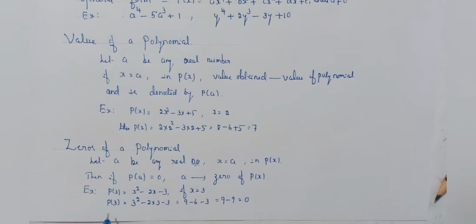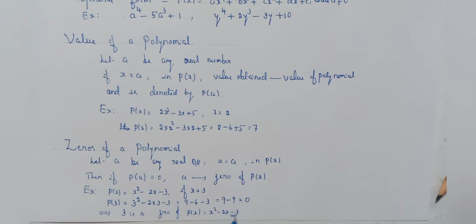Here the value of p of 3 is equal to 0. So 3 is a zero of the polynomial p of x is equal to x squared minus 2x minus 3. So if the value of the polynomial is 0, then the real number is called a zero of the polynomial p of x.